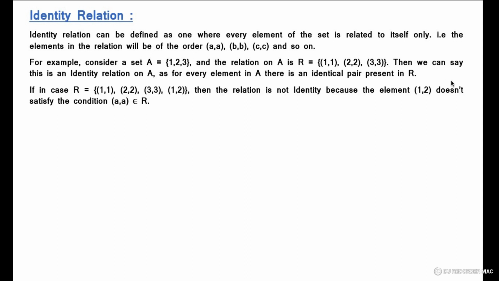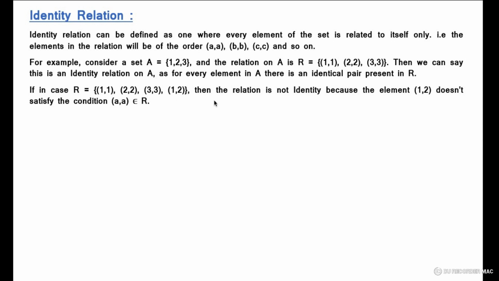Now let's take another example. If the values of R are {(1, 1), (2, 2), (3, 3), (1, 2)}, you have one extra pair, that is (1, 2). Then can you say if this relation is an identity relation?